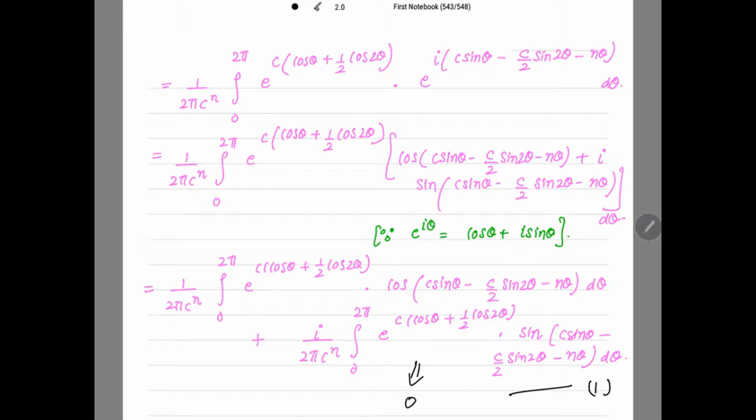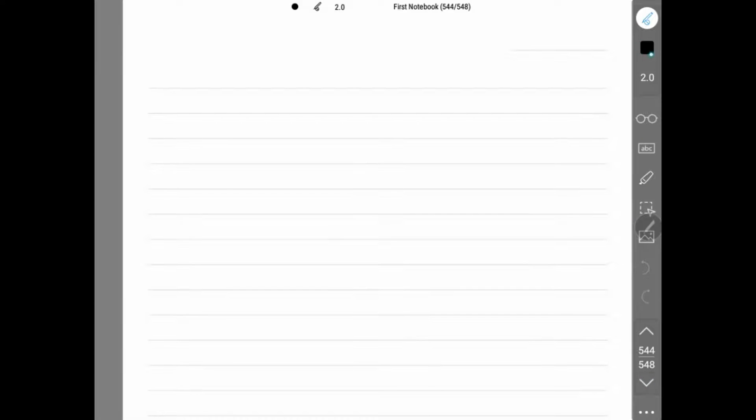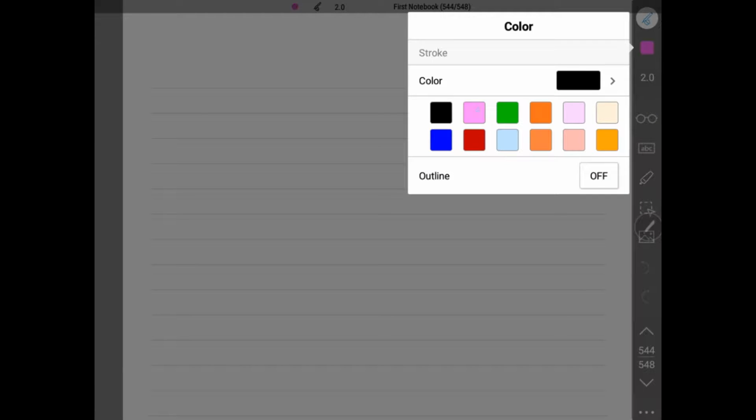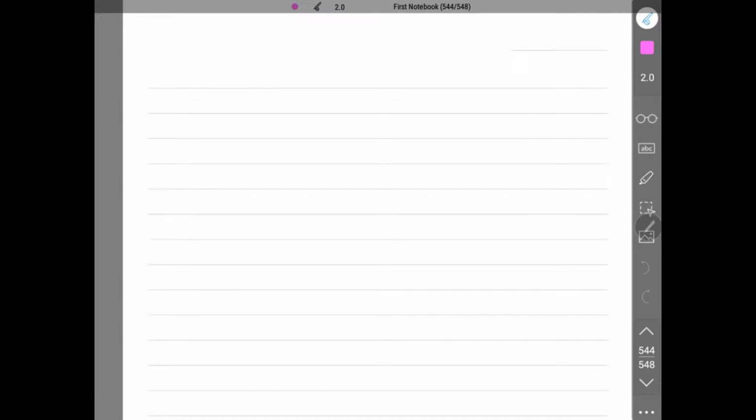And why will this integral be 0? Because we need to check that f of 2 pi minus theta should come as minus of f theta. If suppose this is your homework, just take this as your assignment.